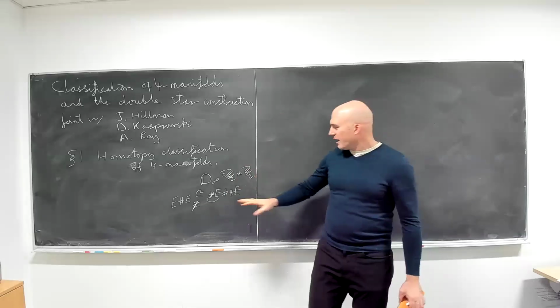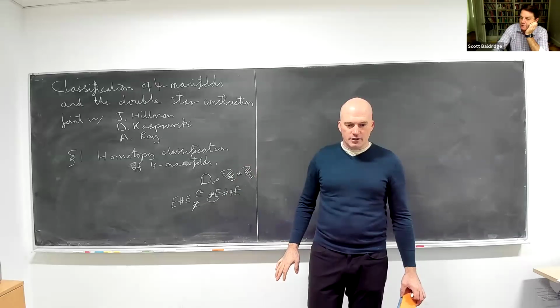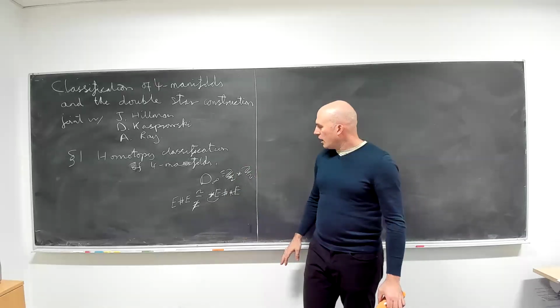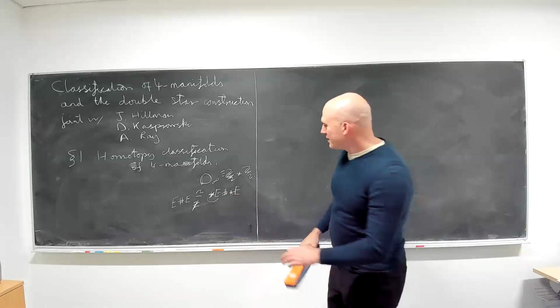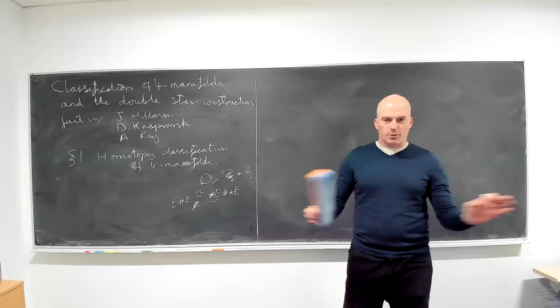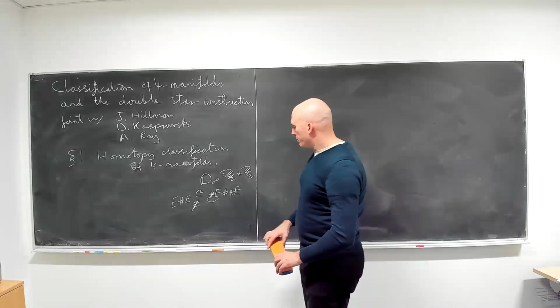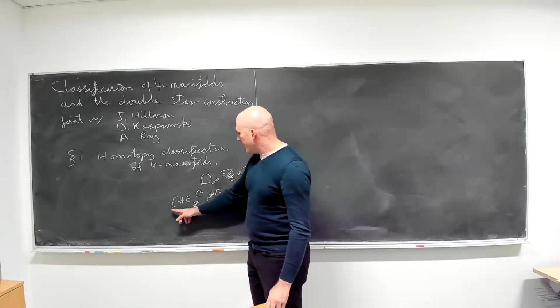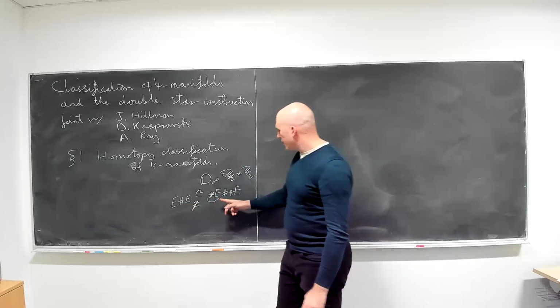So are all these manifolds smooth underneath? Well, that is what I'm going to tell you about. No, in general, I'm going to just talk about topological four manifolds. They don't have to be smooth. But this E is a smooth manifold, so the connect sum is smooth.